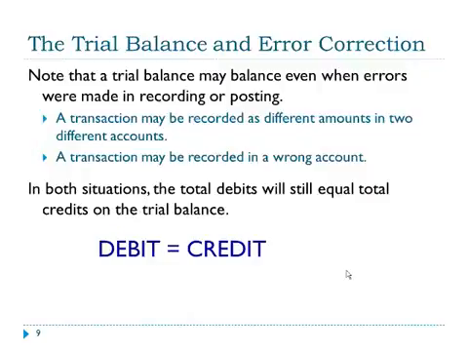So there's only so much error correction that we're going to find in the trial balances, and an audit of the books of the company is going to be a way of determining other errors.